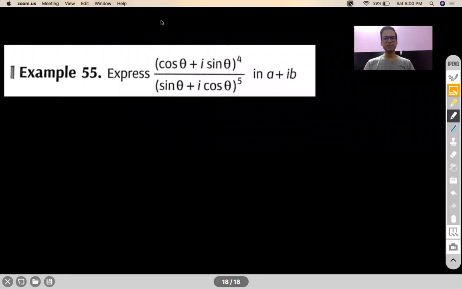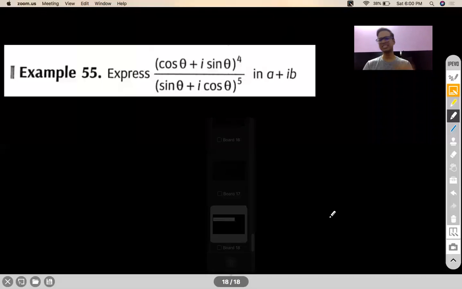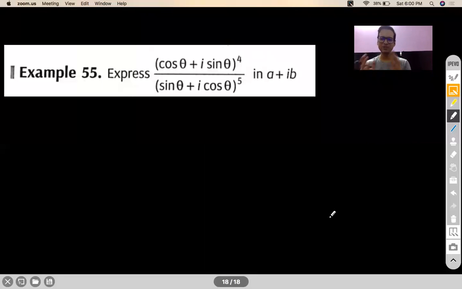Express this as a plus ib form. Indirectly, they are saying mention the value of a and b. Okay, let us do this question and then I'll go back. What I'll do, I'll give you a break and I'll leave the screen on that. Okay, Akash, is that fine with you?